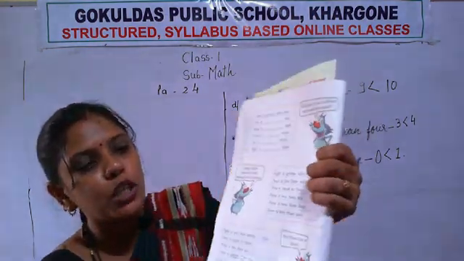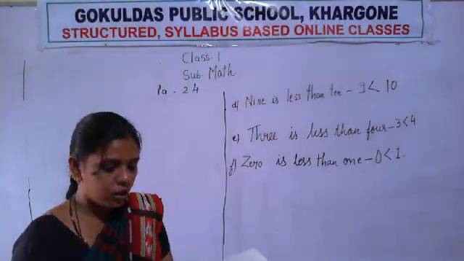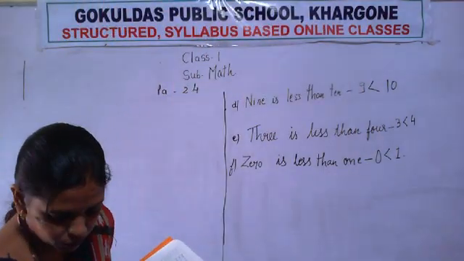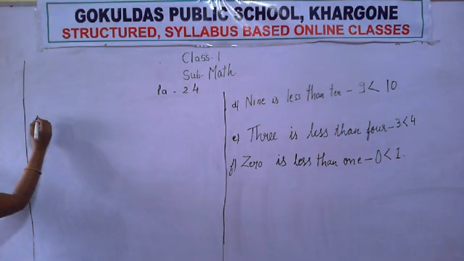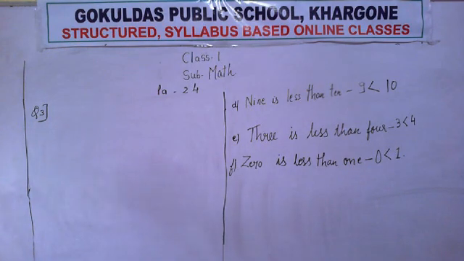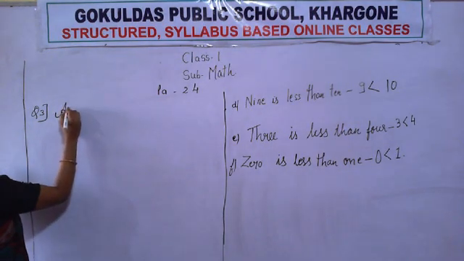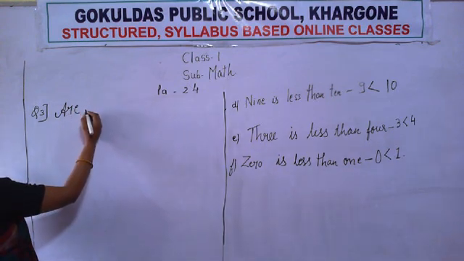If you want to copy the question, you can copy it from the book also. Question 3. Are these true or false? You have to find whether the statements written here are true or false.